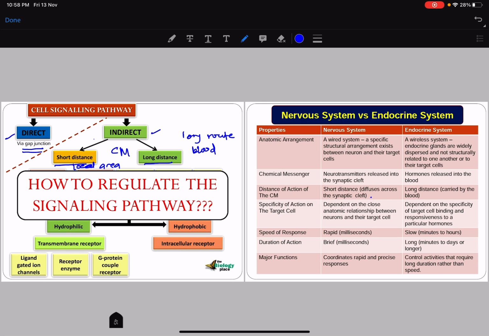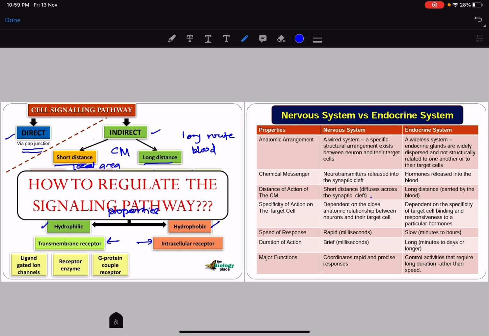Next, we talk about the properties of chemical messengers, or the chemical characteristic of chemical messengers. It can be either hydrophilic or hydrophobic. These properties determine the type of receptor usage, or the receptor binding.